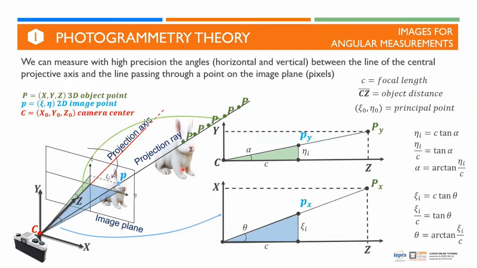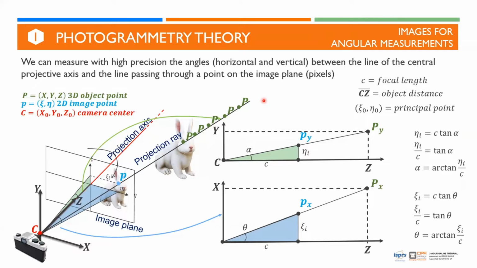Now, we can also accurately measure with high precision our angles, the vertical and horizontal, in order to detect our P. But the important thing here that I want to highlight in this slide is that if we only have one image, we cannot understand if this point P is here, here, here, or here, because it could be in any position along our projection ray.